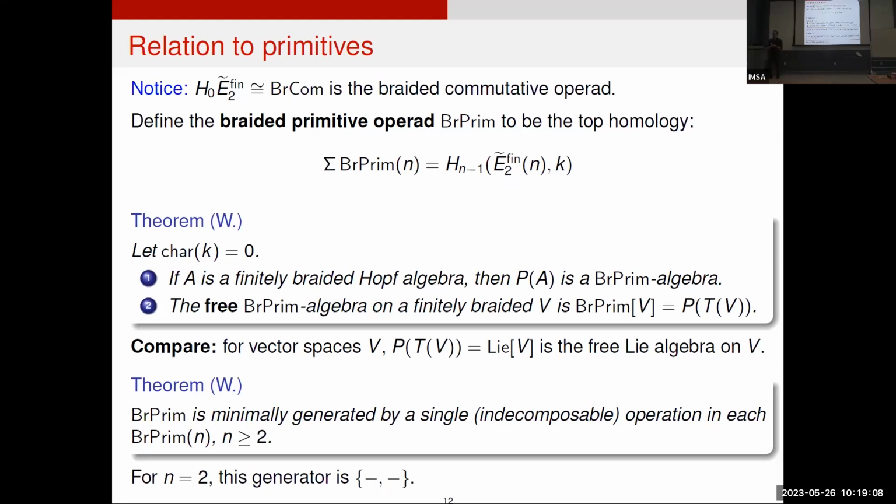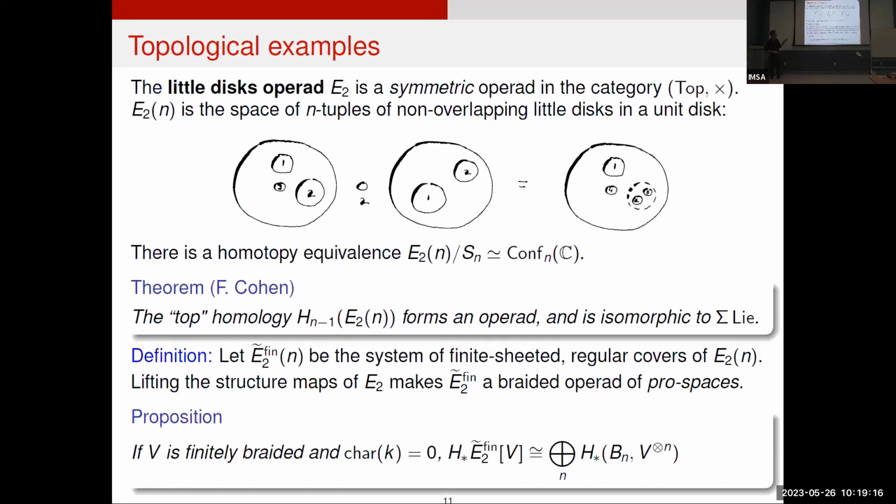So I feel like we understand the bottom homology of this thing, and we understand the top homology of this thing. Something I'm not saying here is that the whole homology of E2 is the Gerstenhaber operad, which can be written as the composite of the commutative and the Lie operads.